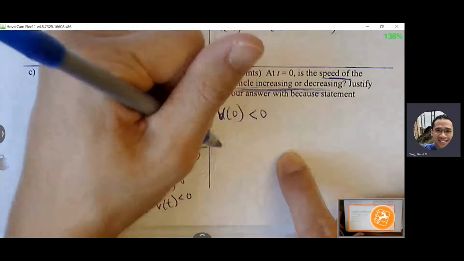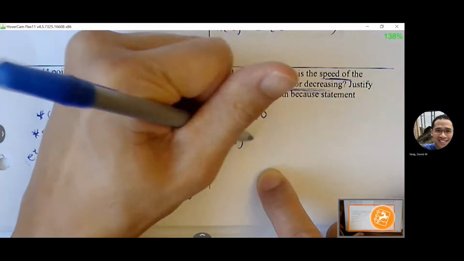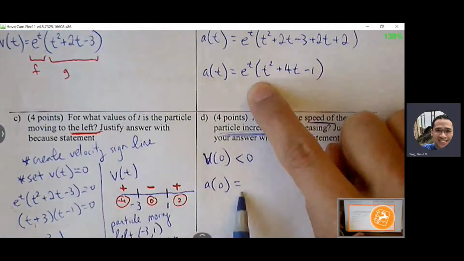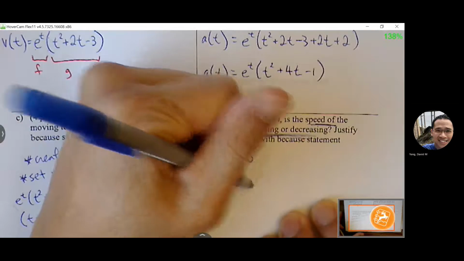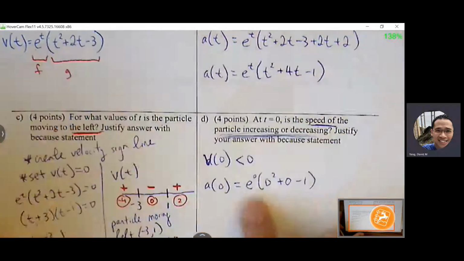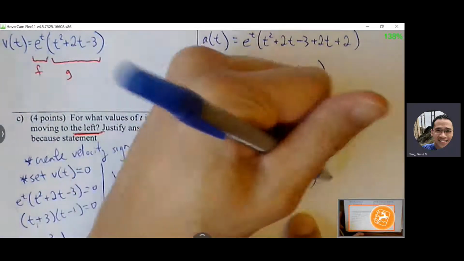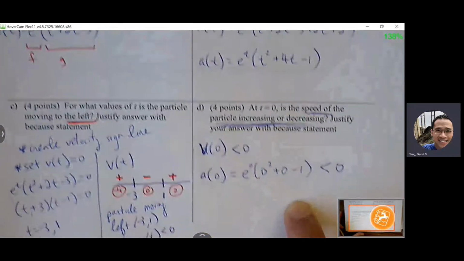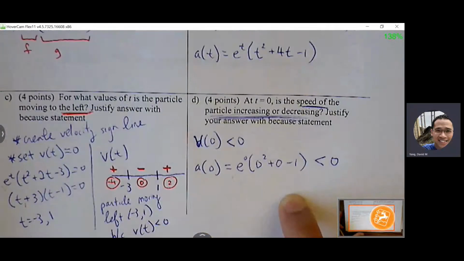So now we need to find a of 0. Okay. So insert back into the acceleration function. Positive times negative is negative, so acceleration is also negative. Since velocity and acceleration have the same signs, speed is increasing.